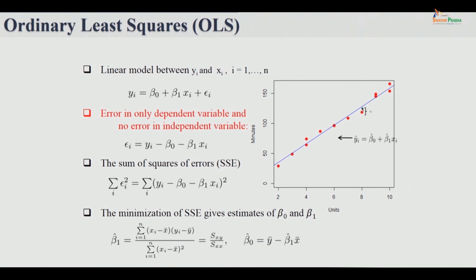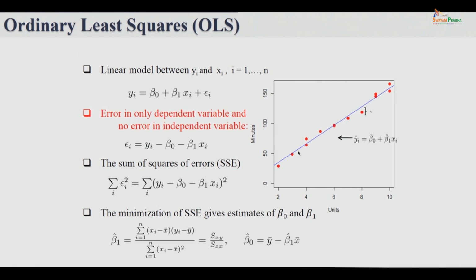This deviation between the observed value and the predicted value on this line, the vertical distance, is what we call the estimated error. You do not know what the actual error is, but if you propose values for beta naught and beta 1, immediately I am able to derive an estimate for this error, which is the vertical distance of the point from that line.